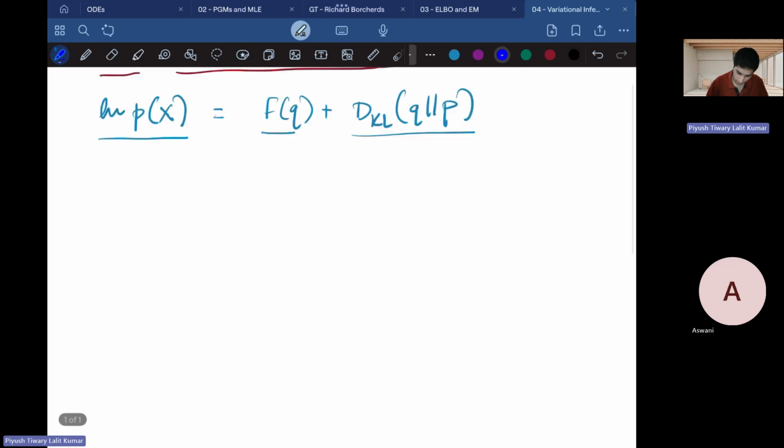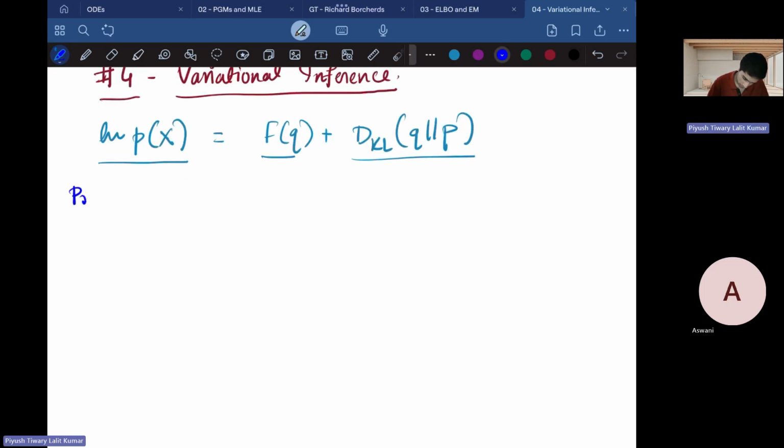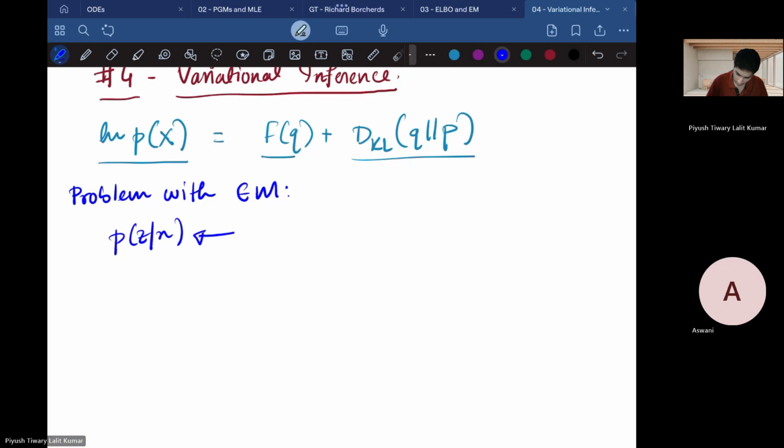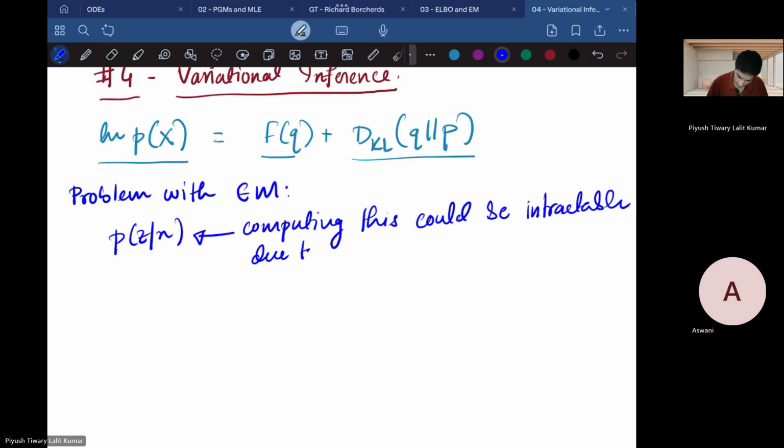So let's write down what the problem with EM is. The problem with EM was that computing p(z|x) could be intractable due to intractable p(x).